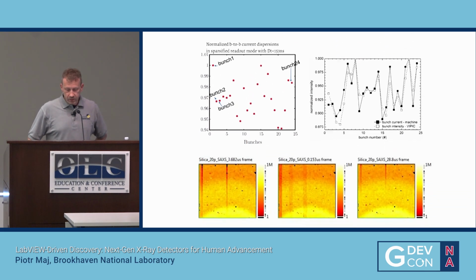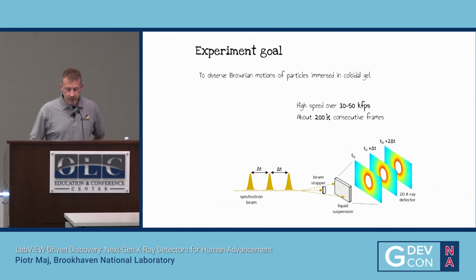It encouraged us to go even further with experiments, and we tried X-ray correlation spectroscopy, which essentially is collecting a large number of frames, at least 200,000 frames, that tells us about the memory that we need to have, with a very high speed, which is 50,000 frames per second. If you calculate, it's a really large stream. And we don't care about images themselves.